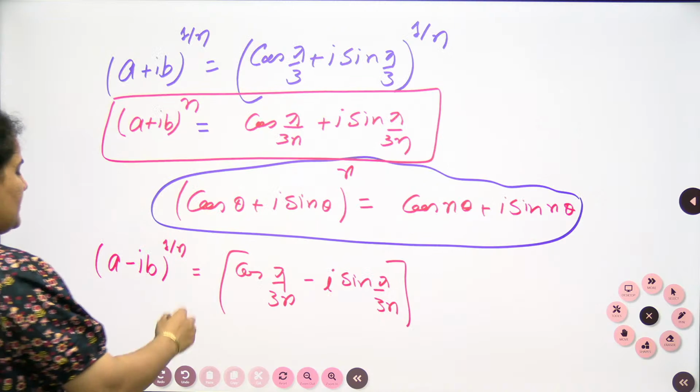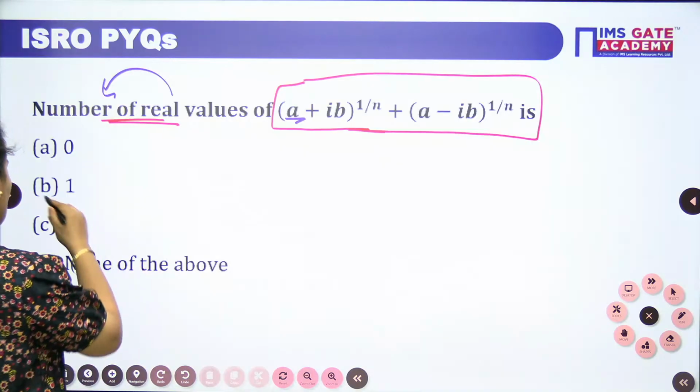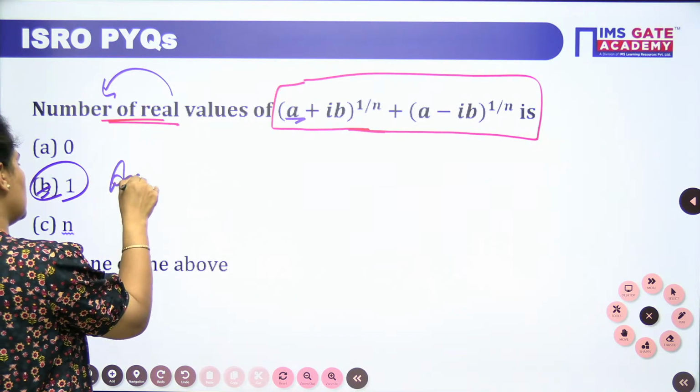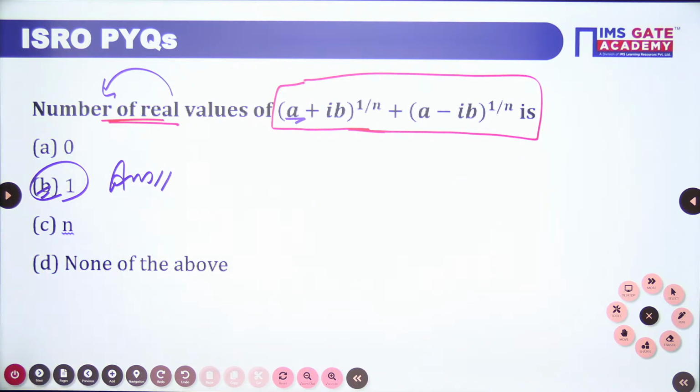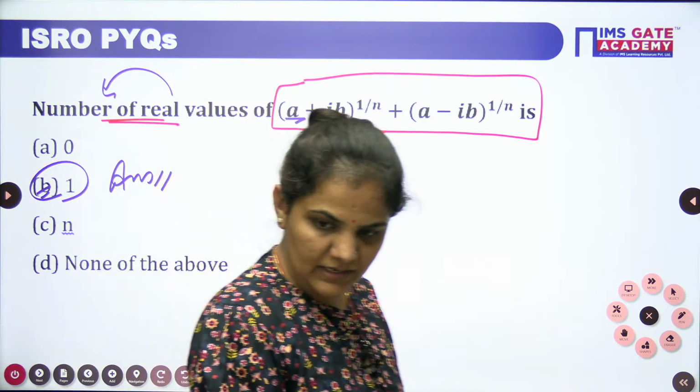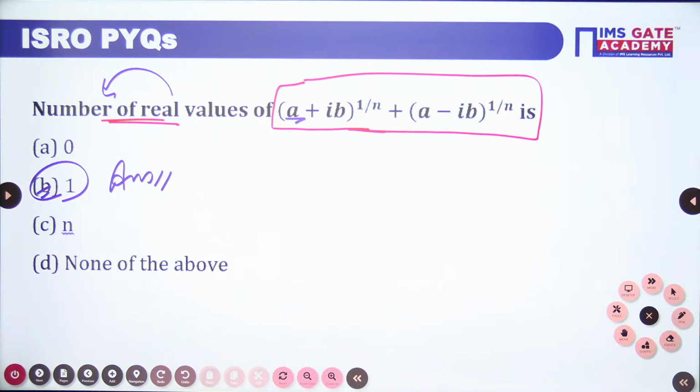Okay, so my answer, as we are having options also, is that only one possible value is there. Clear? Very good. Everyone, I hope the things are clear.